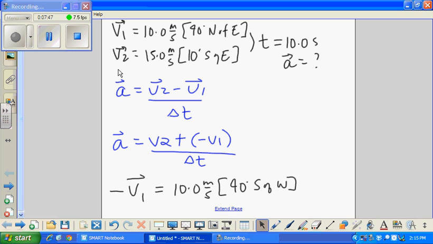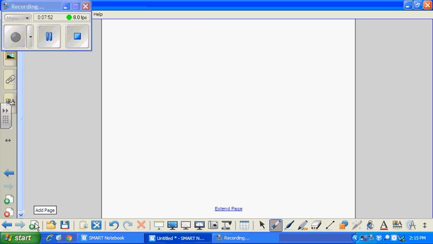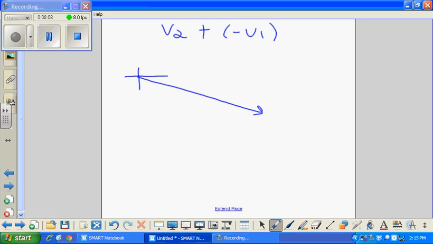So, let's go ahead and draw a triangle and do the trigonometry. V2 was 15 meters per second, 10 degrees south of east. So I'll start with the coordinate system and my 15. And the angle right in here is 10 degrees. From here, I have to add negative V1. So again, I'll draw another coordinate system.